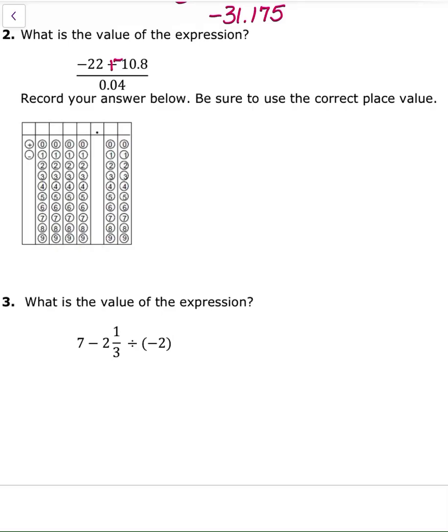Some people say different things. Either way, we're putting together negative 22 and negative 10 and 8 tenths. Okay, so the signs are the same, so we're going to add them. We're going to make sure that we line up our decimals.